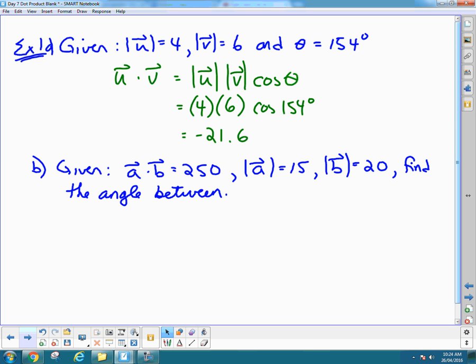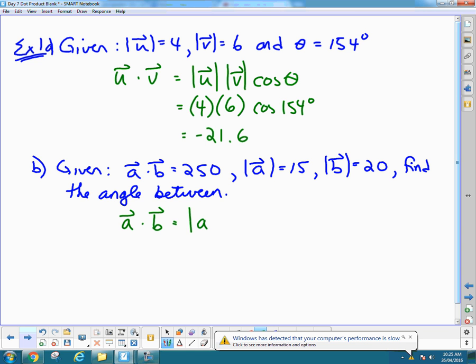Of course, I can ask a little bit more creative question and say, here is the answer to the dot product. A dot B is 250. The magnitude of A is 15 and the magnitude of B is 20. Tell me the angle between them. If I use the same formula, A dot B equals the magnitude of A times the magnitude of B cos theta.